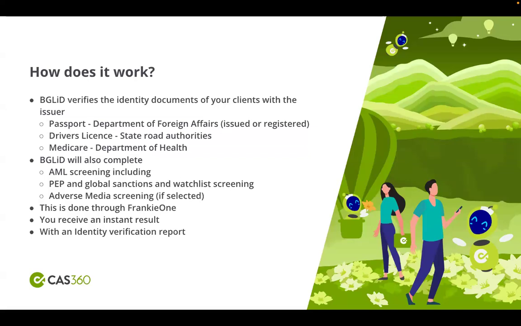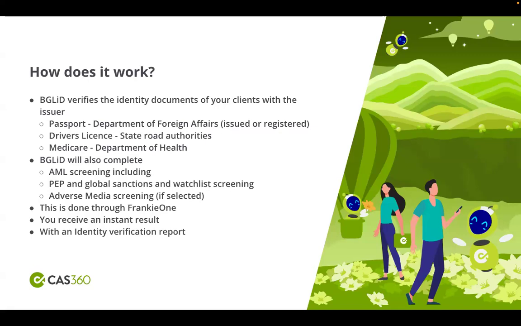With BGLiD, what we have really focused on and what some other apps might not focus on that much is verifying the documents with the issuer. What we've done with BGLiD is we've built an integration effectively with, for Australia, the DVS, Document Verification Service in Australia. And for New Zealand, it is the Department of Internal Affairs.